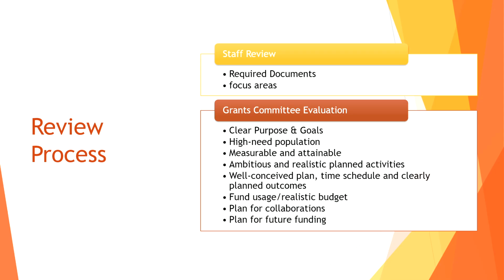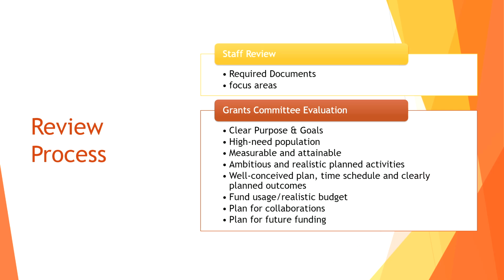After the applications are submitted, they're reviewed and evaluated. First, it goes to the staff review, which is used to determine if all your attachments are correct and current, as well as if your grant fits into the focus areas of the grant.